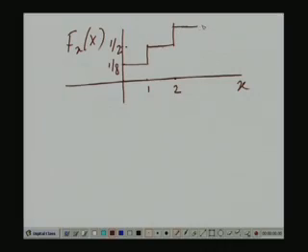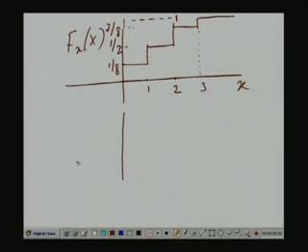Okay. So, that makes it 7 by 8 I guess, and this will remain so till 3. Here there will be another jump by 1 by 8 and then it will saturate to 1. So, this is the probability distribution function for X.